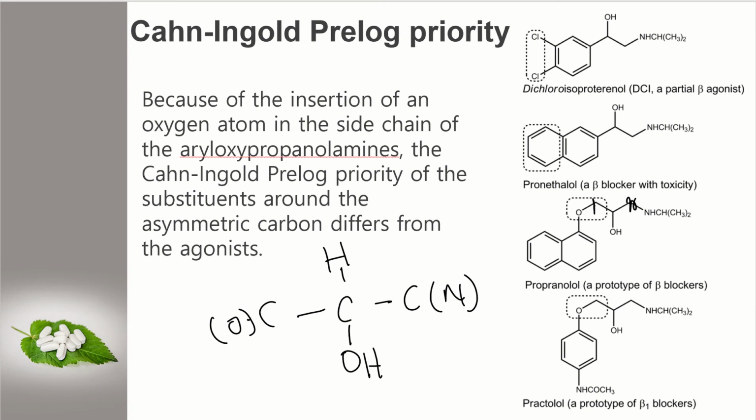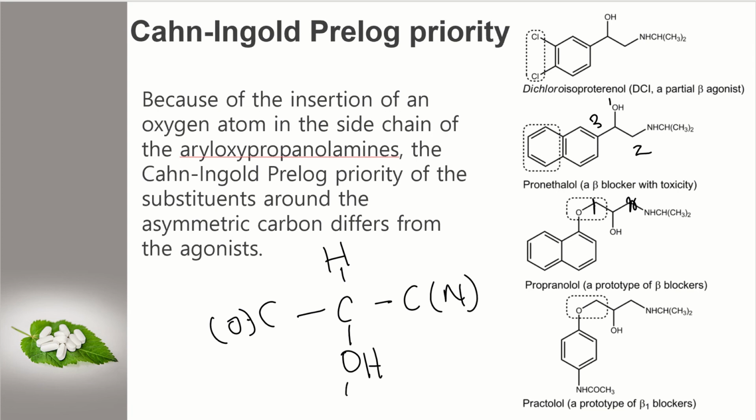For the aryl ethanolamines, then the priority would have been 1, of course, here, and then 2 here, and then 3 here, right? And that is how we would have gotten the R conformation. And for the aryloxypropanolamines, right, that priority is different.